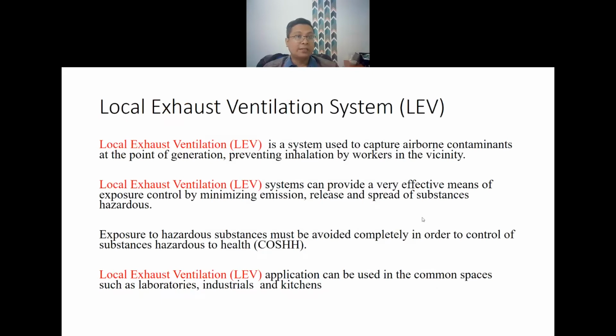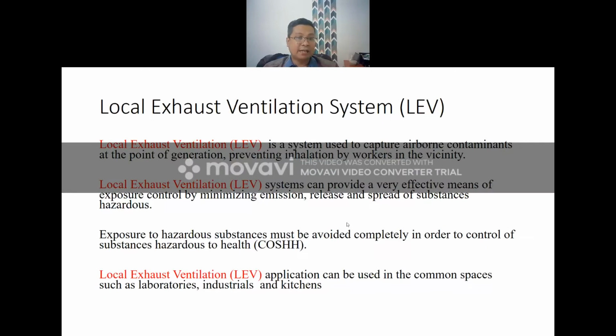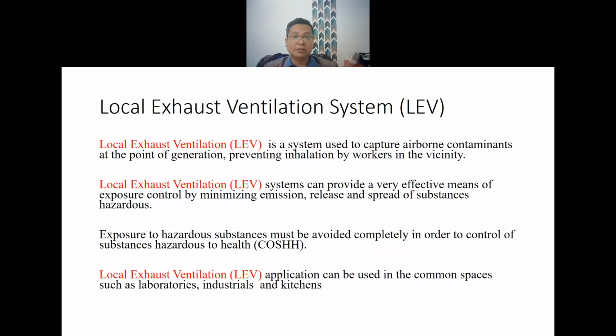And then we go to the local exhaust ventilation system. There are several types of local exhaust ventilation systems implemented; maybe you can see them later on. First, I will introduce the definition.